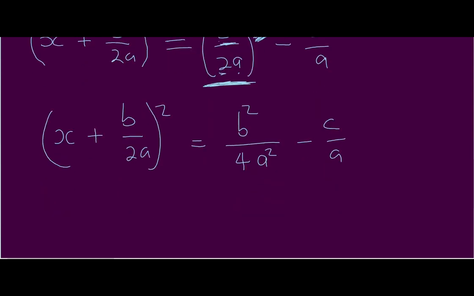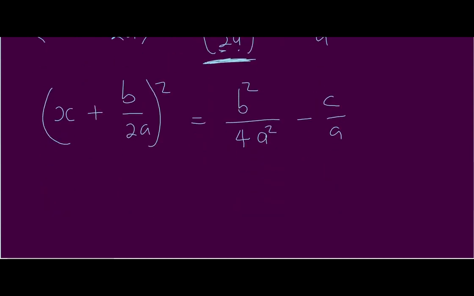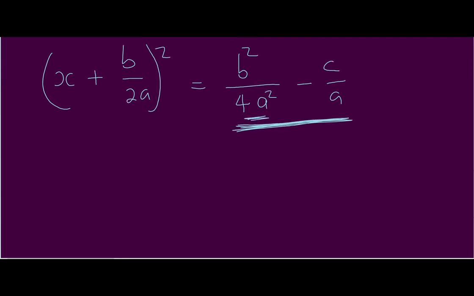Then the next step from this is to find the common denominator, right? And in doing so, I can see that to have the same denominator as this side, on this side I multiply this term by 4, because it's going to be 1.